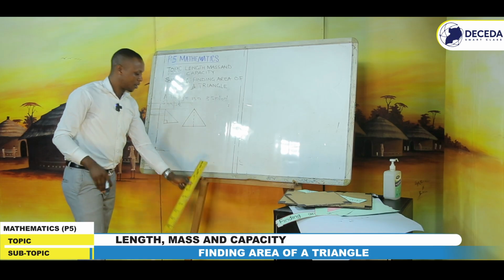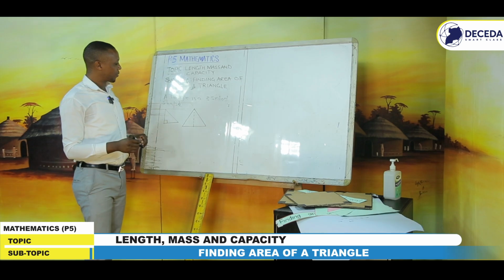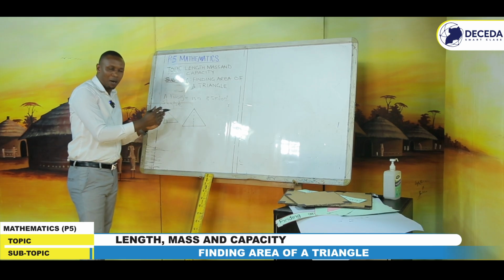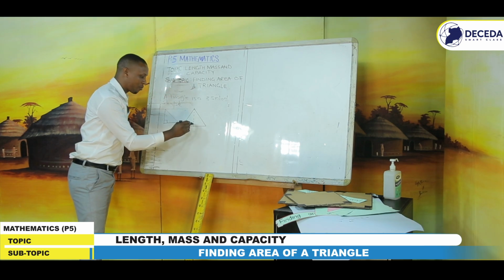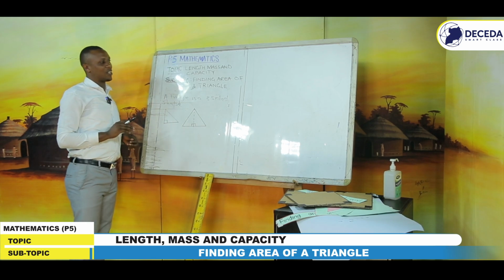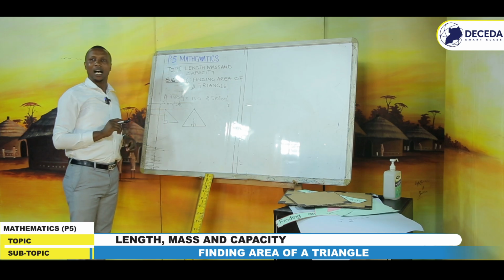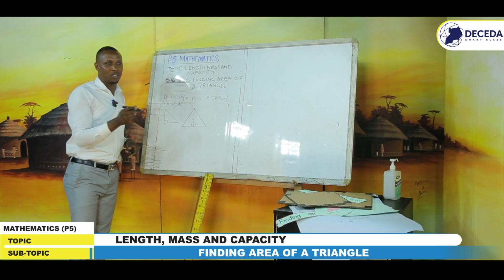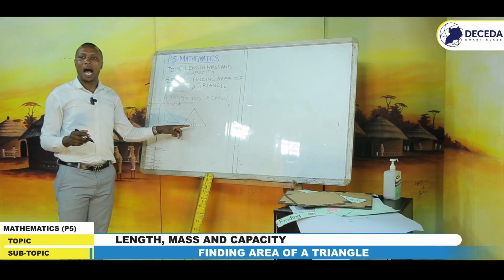So we may find it is one part like this, or they are double parts of a right-angled triangle. And also the triangles whose area we should find have right angles. Therefore, when I talk about finding area of a triangle, I mean the shape of this nature or this nature, as long as it possesses a right angle.